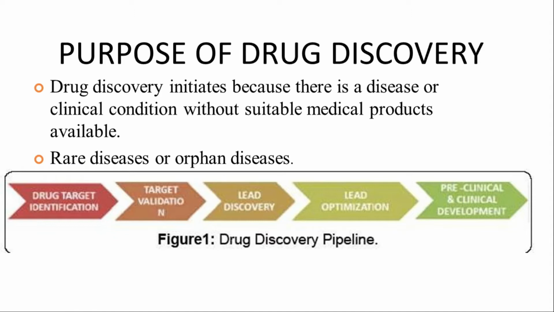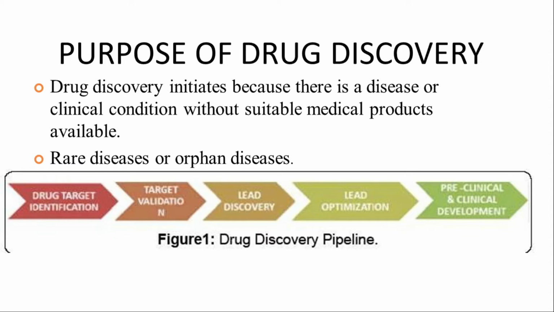For that target molecule we need a lead compound, and we make some modification in that lead compound to get the desired action. For this purpose we need lead optimization.